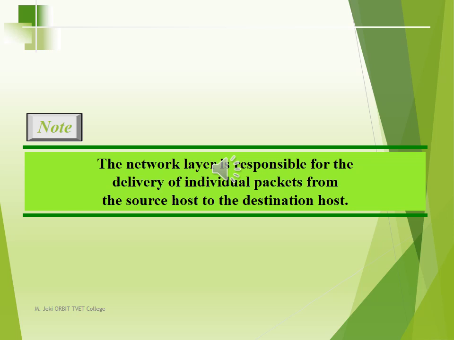We are now reading: this packet must go to router A. This packet must go to a network in Kimberley. This packet must go to a network in Cape Town. That is what the router is doing now. It is responsible for the delivery of individual packets from source host to the destination host. So routers are very, very important. They are the heart of our networking. Without routers, we won't have a network.